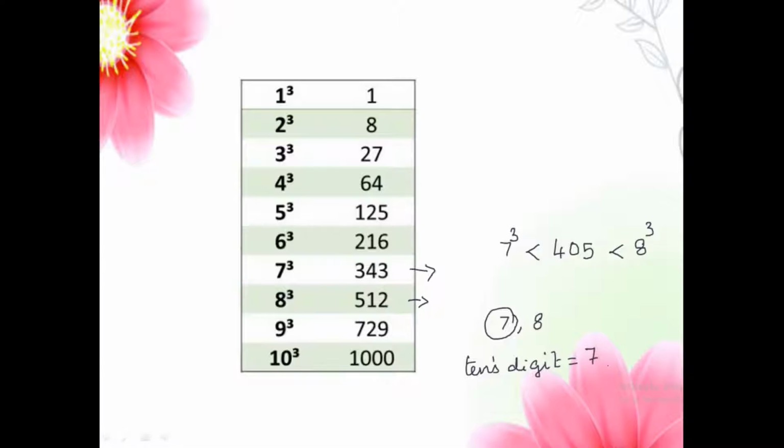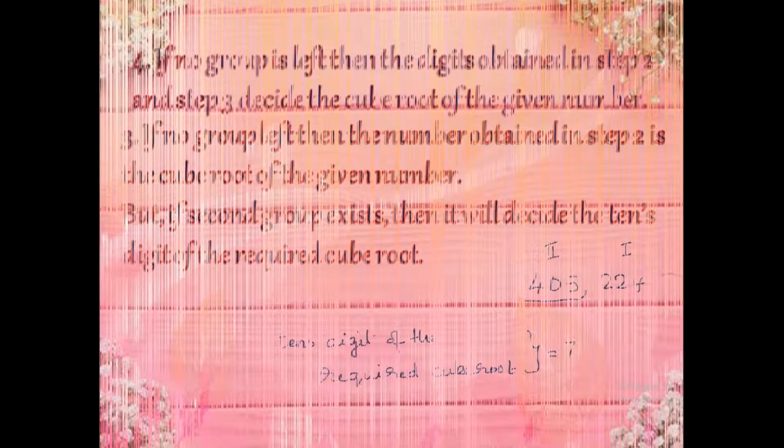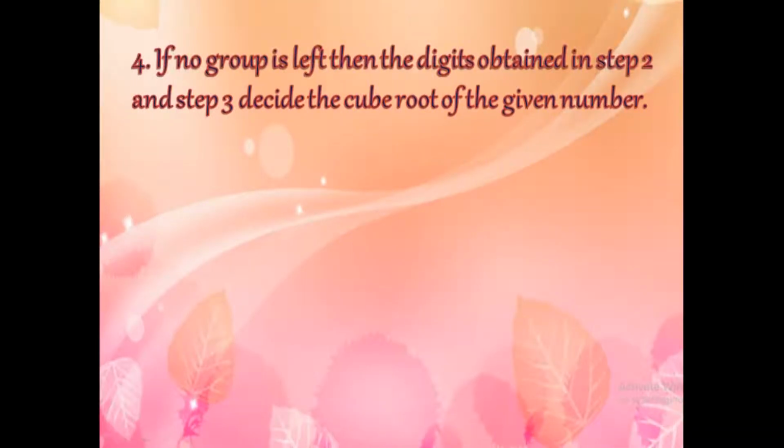So the unit digit is 4 and the tens digit is 7. If no group is left, then the digits obtained in step 2 and step 3 decide the cube root of the given number. We got the unit digit as 4 and the tens digit as 7.